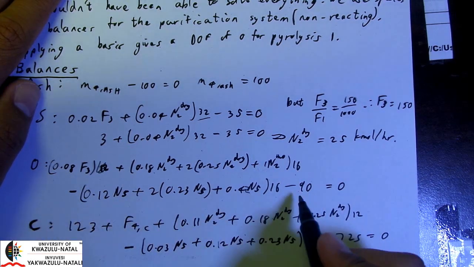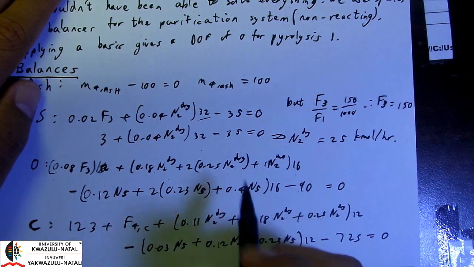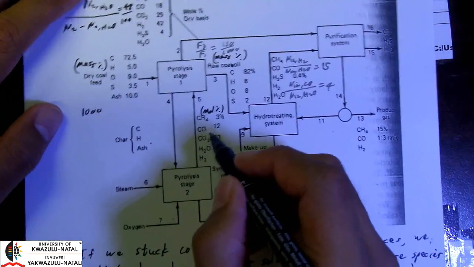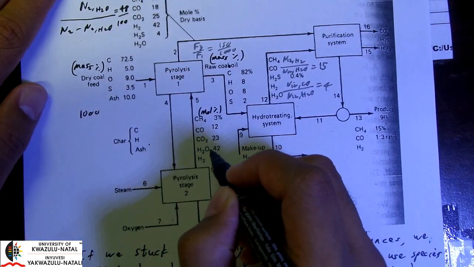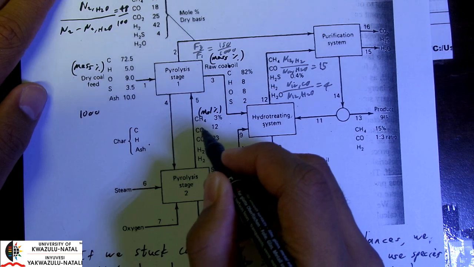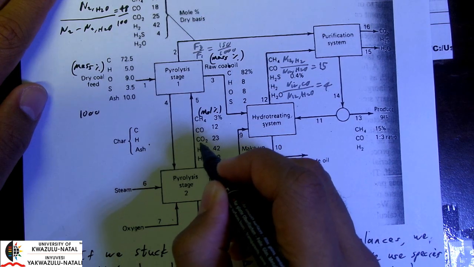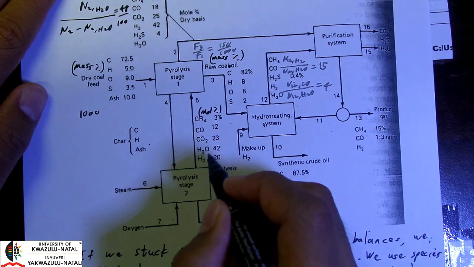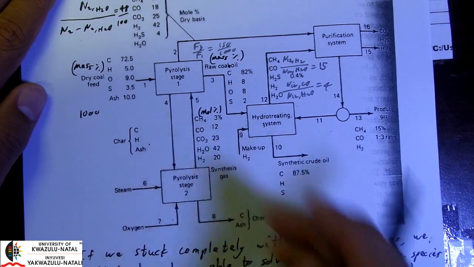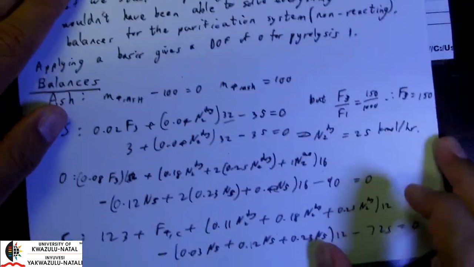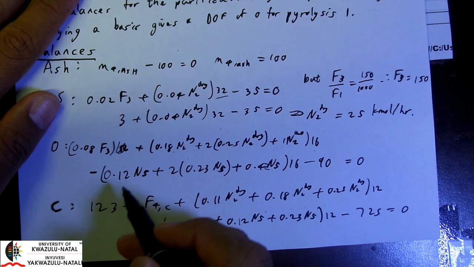Subtracting all of our inputs, we have inputs in stream 5 with CO, CO2 and H2O: 1 mole of oxygen in CO, 2 moles of oxygen in CO2, and 1 mole of oxygen in water. Okay, so here it is.